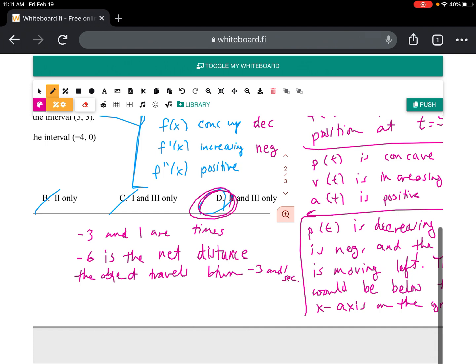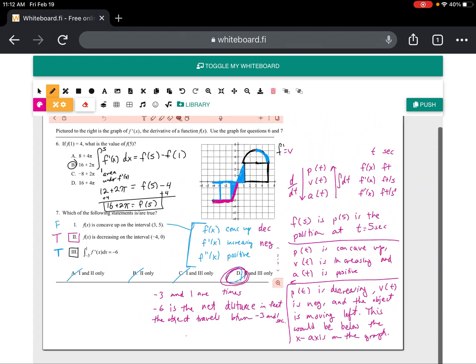Since we traveled a net distance that was negative, that means we have ended up to the left from where we started. Since it's a distance, distance is all position-like, its label would be feet. And there it is, that's number 8.